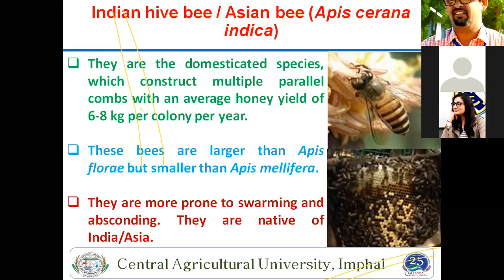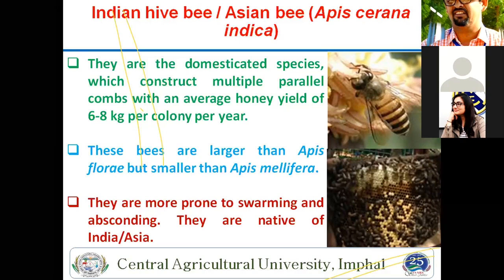If you see the size of these species, the biggest is Apis dorsata, then second is Apis mellifera, then third is Apis cerana, and fourth is Apis florea. This is important. You should also read the bees according to size: which is the biggest, which is the smallest, and which is second, third, fourth. So this is the difference between them.